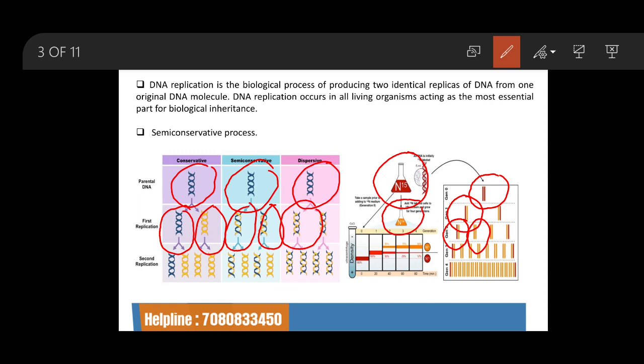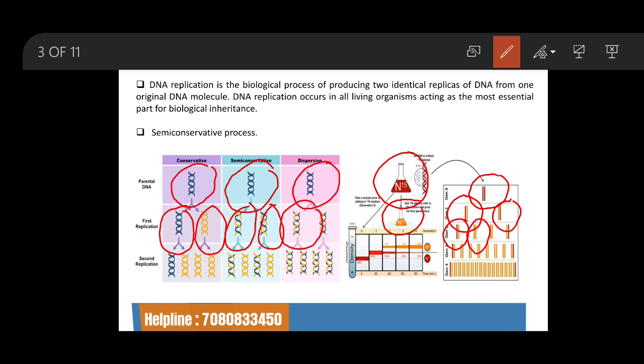If DNA replication was done in a conservative way, then after generation naught, in generation 1, two N15 strands would have formed and one N14 strand would have formed. But in this case, they got the hybrid of N15 and N14.